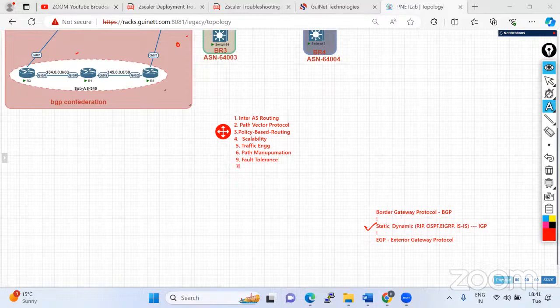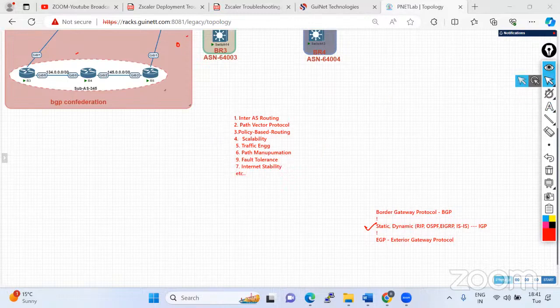And it also gives very reliable internet or intranet, even MPLS circuit stability, right? So these are all the key features we have, many more features we have, but these are the key features we should know, right?